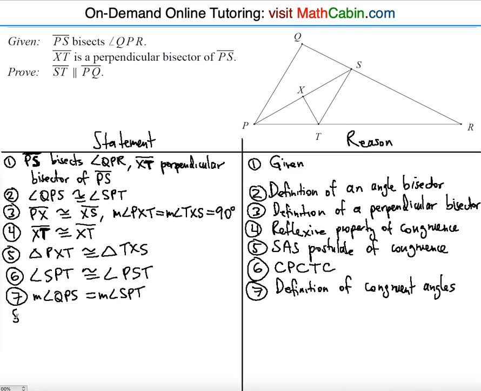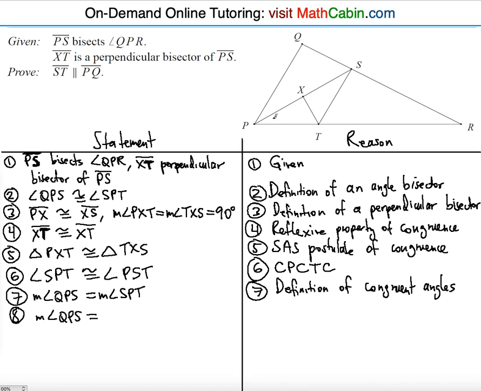Right? Because if they're congruent, then their measures must be equal as well, and this is all in the definition of congruent angles. Now the next part is to show, using substitution, that the measure of QPS, this angle measure, is equal to this angle measure.